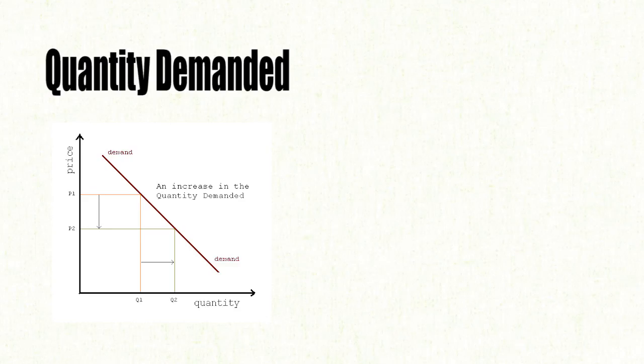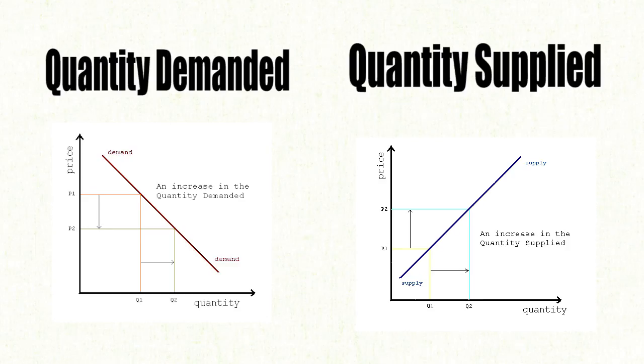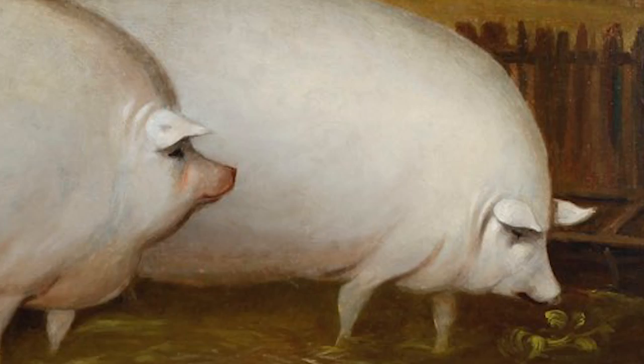The relationship between price and quantity demanded is known as a demand relationship. On the flip side, the amount that a producer is willing to sell a good at a certain price is known as quantity supplied. The correlation between price and how many goods are supplied is known as the supply relationship. Knowing this, it is easy to figure out that price is the result of supply and demand.